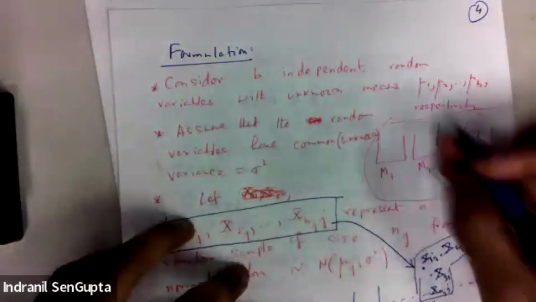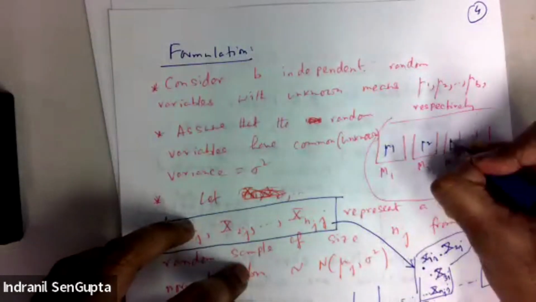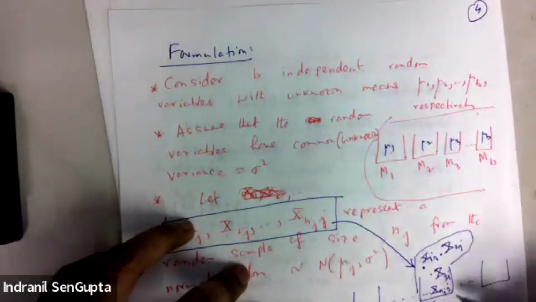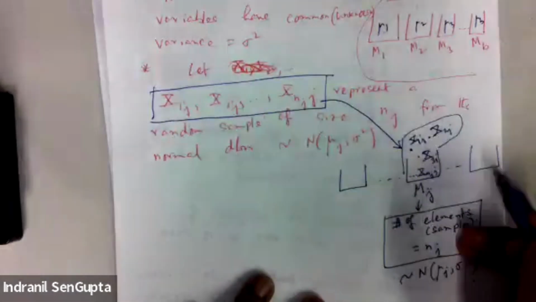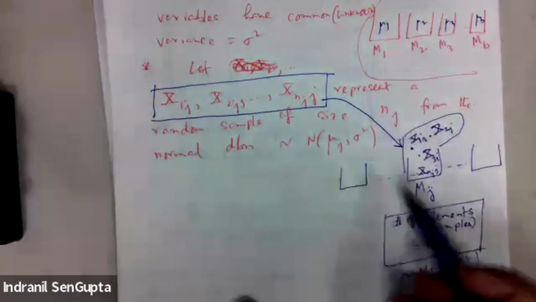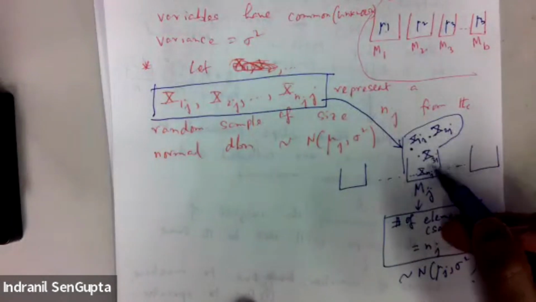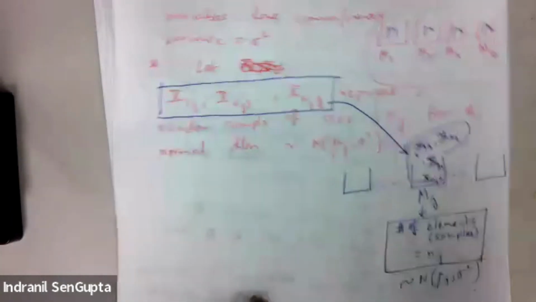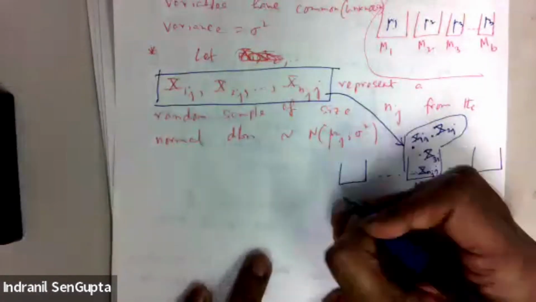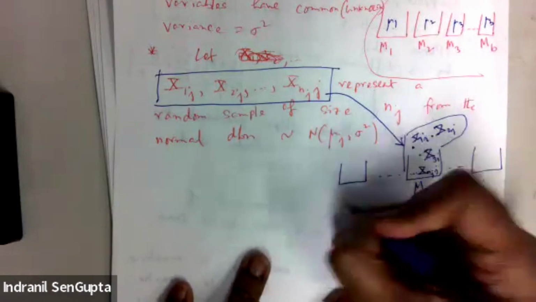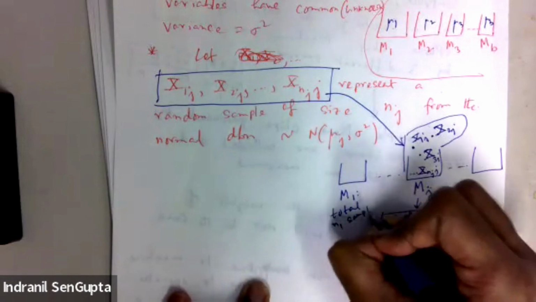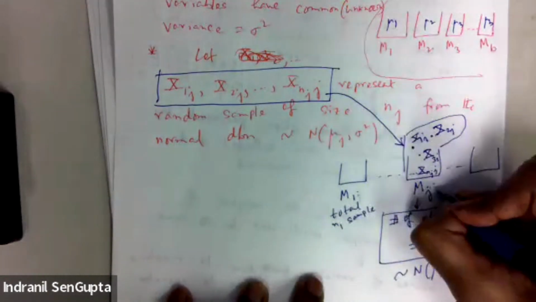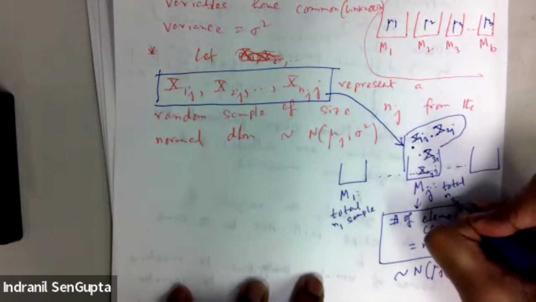Remember, this one has mu1, mu2, mu3, mu of b. So for the jth case, it has the mean mu sub j and variance sigma square. So that's the setup. Now we can use the notation. Suppose I'm talking about the first one, so it should be x11, x21, x31, and x n1 1, where n1 is the total number here. So I'm assuming that this has m1, with total n1 samples; m2 has total n2 samples; mj has total n sub j samples, and so on.